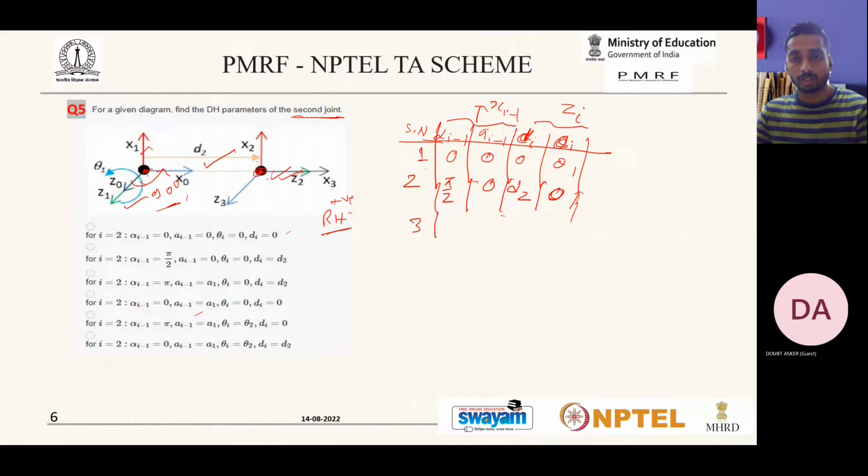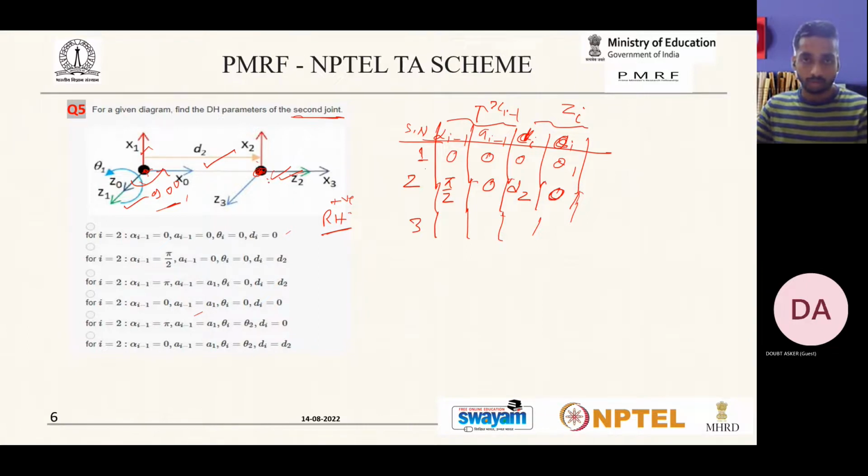Similarly, for joint 3, what can we write? This is Z3, this is Z2. So alpha i minus 1 is how you rotate from Z2 to Z3 along X2. If you again take your thumb above and try to rotate Z2 to get Z3, it will curl like this.